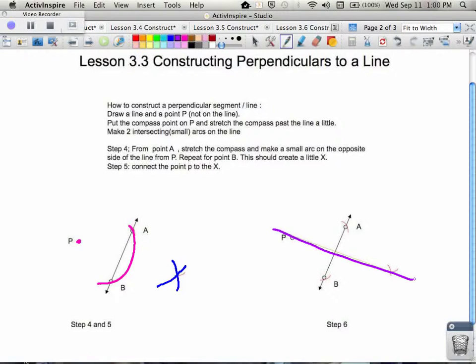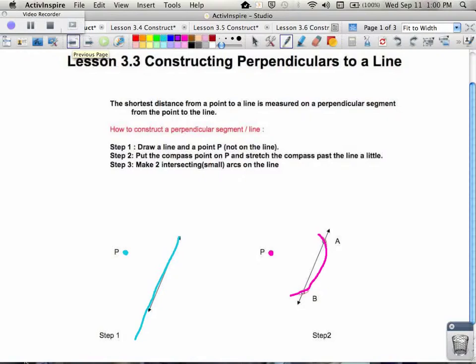So to repeat, in step 1, they're either going to give you or you're going to draw a line and a point. Step 2, you place your compass point on P, stretch it out past the line, make an arc.